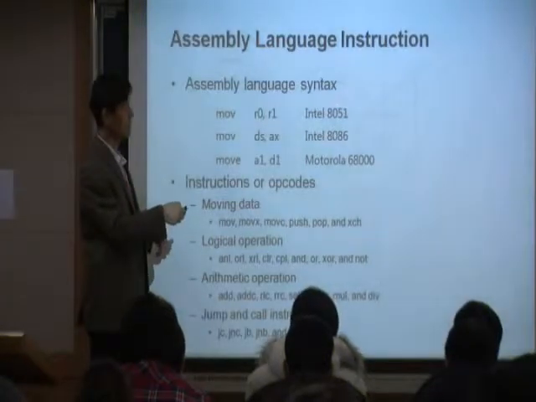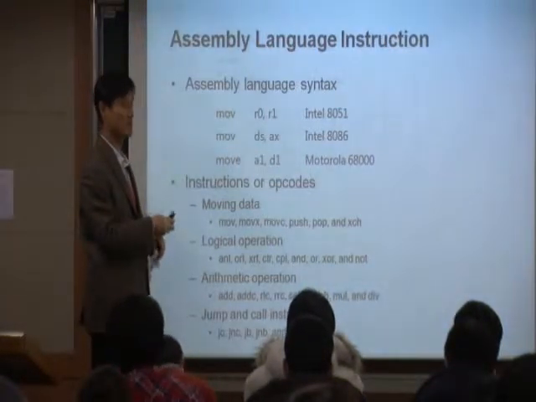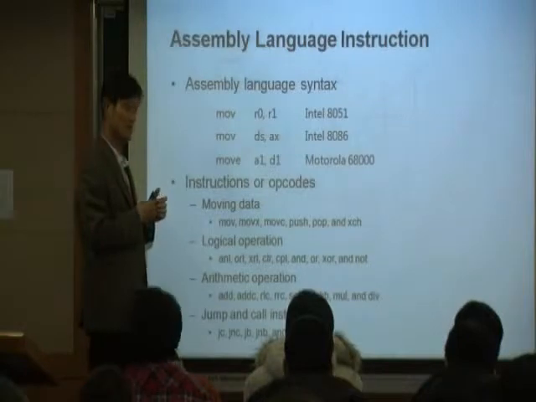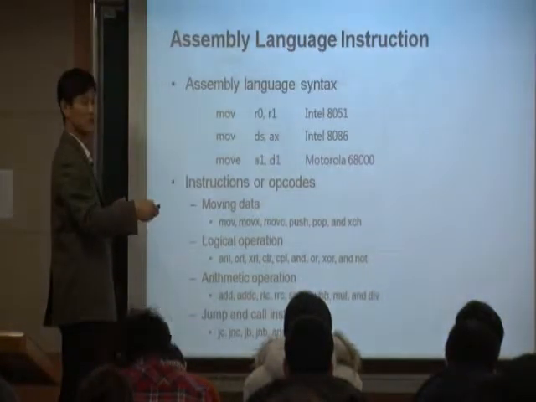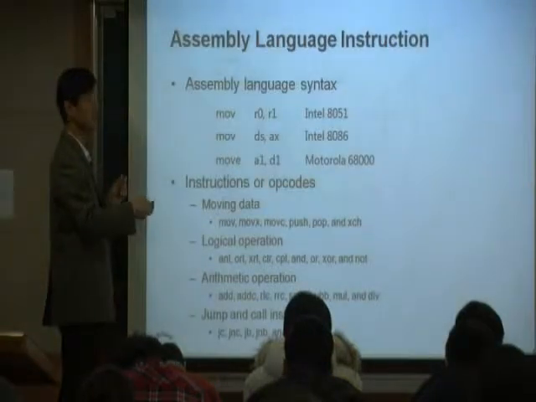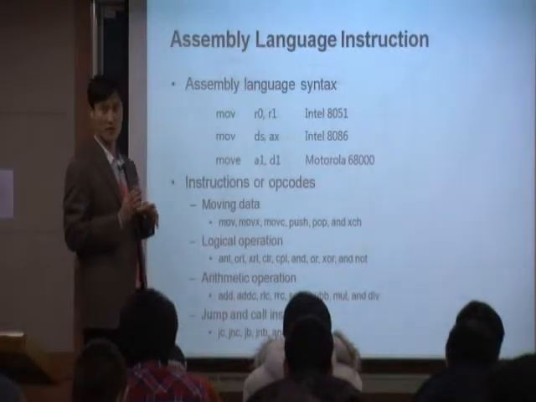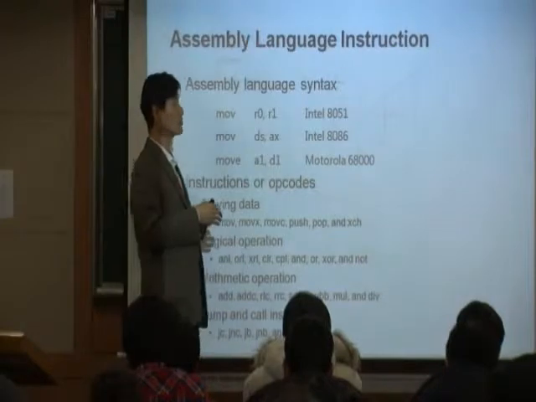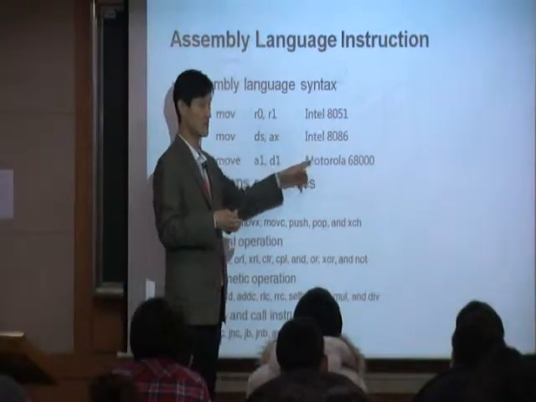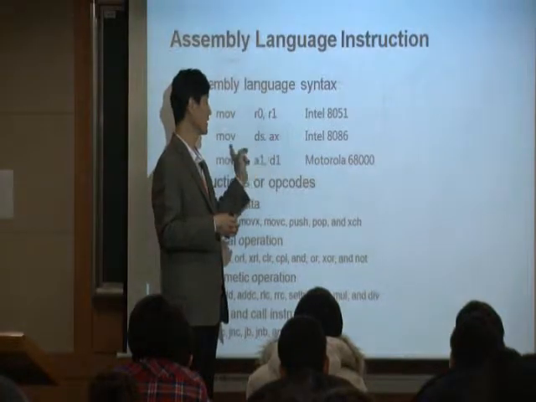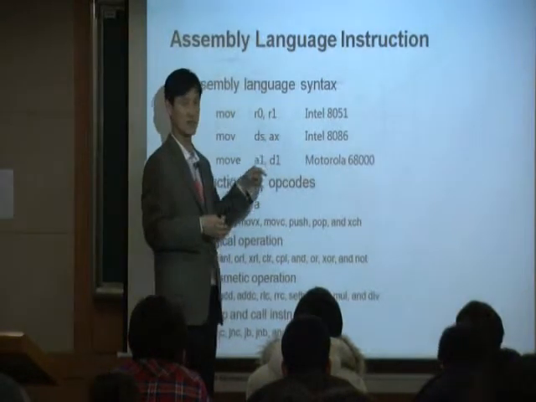So depending on the processor, you need to write assembly in that way. In this course, we are using this processor, so we are only covering this assembly syntax. But if you want to, for some reason, write assembly language for another processor, then you need to look at the assembly syntax of that processor.